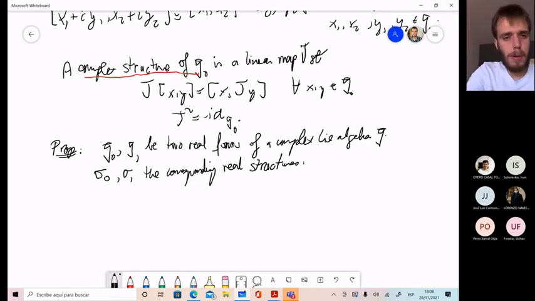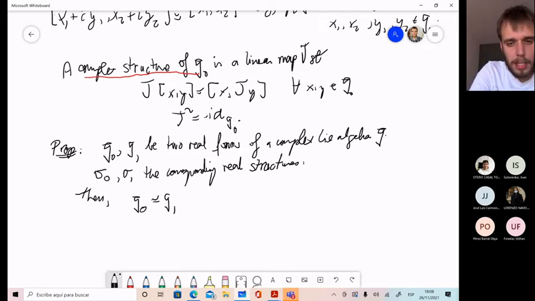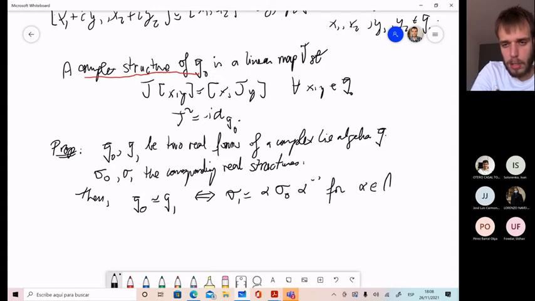The proposition says that g0 is isomorphic as a Lie algebra to g1 if and only if sigma 1 is equal to this for some alpha, which is an automorphism of g, and this is a complex linear automorphism.